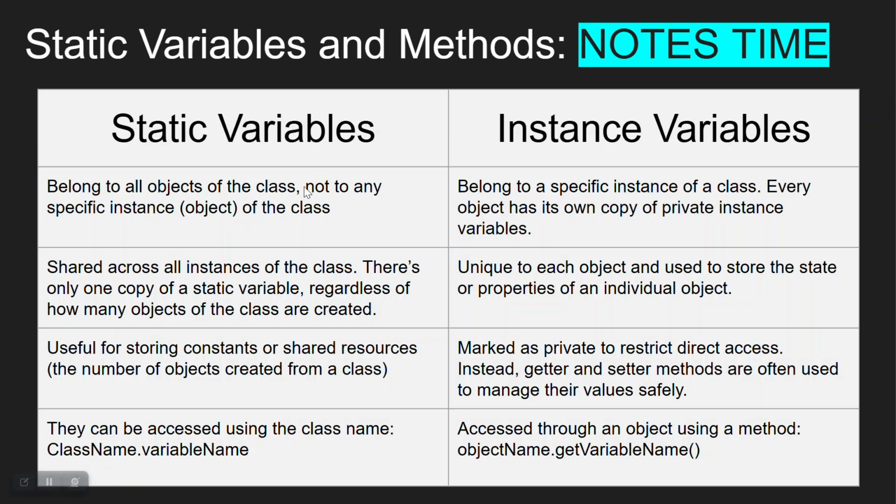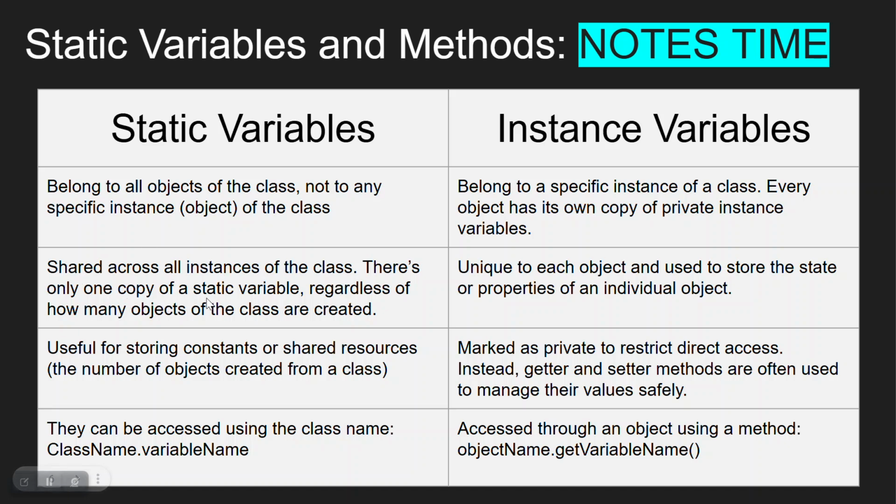Let's look at a quick table that breaks down the difference between static variables and instance variables. Static variables belong to all objects of the class, not to any specific object, whereas instance variables belong to a specific instance of a class, and every single object has its own copy of private instance variables. Static variables are shared across all instances of the class.